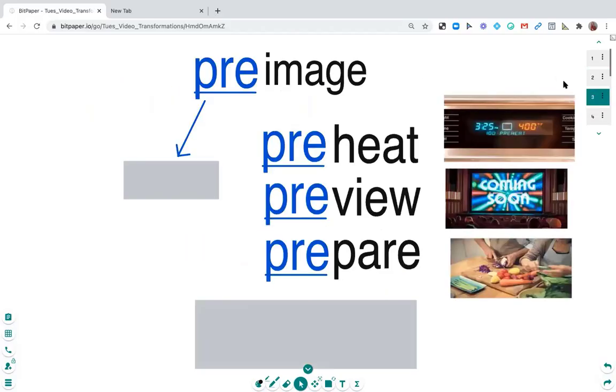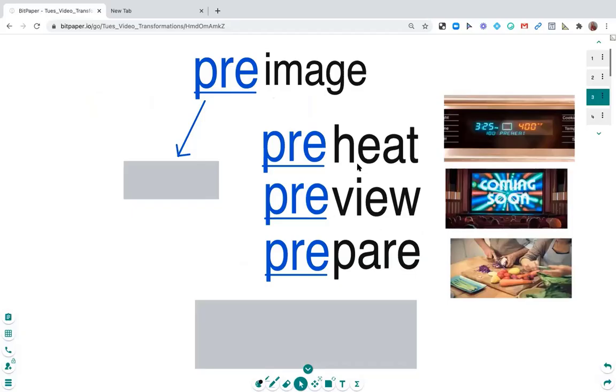Before we start, another vocabulary word I want to address is preimage. Well, what does the prefix pre mean? Well, if we preheat our oven, that means we turn it on. It's at 100 degrees, but it's not at the degrees it needs to be at.